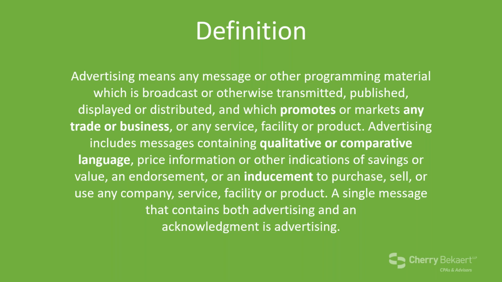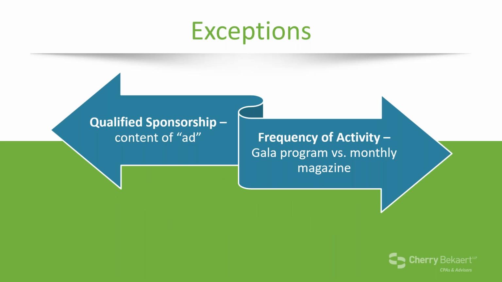So if a message includes advertising and also an acknowledgement of a sponsorship, which we'll talk about a little bit more, then it will be deemed to be advertising. So if there's any advertising in the message, then that will be, the way that the message is construed, advertising. There are a couple of exceptions. The one that we're really going to talk about the most is for qualified sponsorship payments, because that's generally where we see these kinds of things.